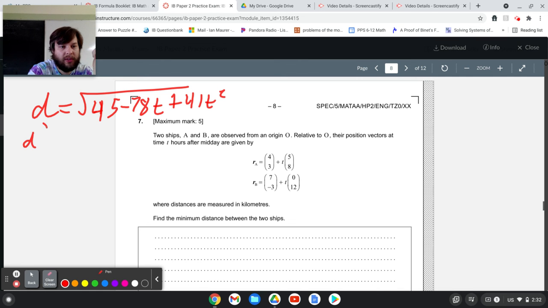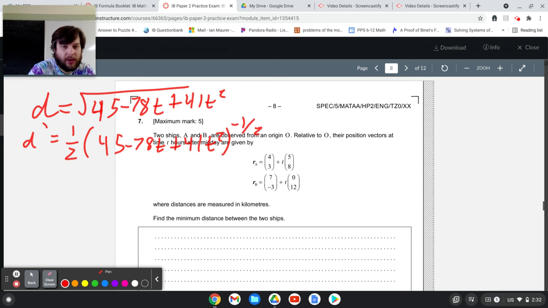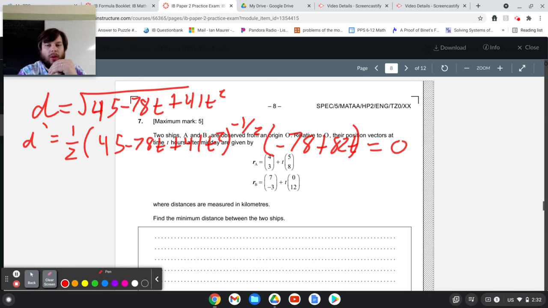The derivative of the distance is 1/2 times all of that stuff raised to the negative half power times the derivative of the inside, negative 78 plus 82t. If we set that equal to 0, we can multiply both sides by 2, and that cancels the 1/2.